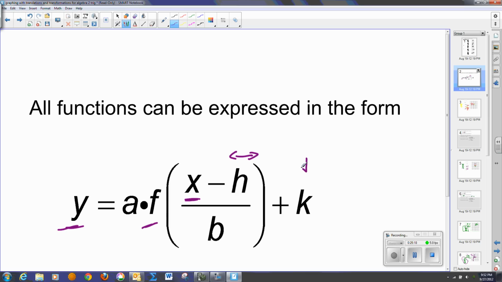The k value slides points up and down. The a value, which is outside of the function, multiplies y. And the b value, which is inside the function and in the denominator, multiplies x.